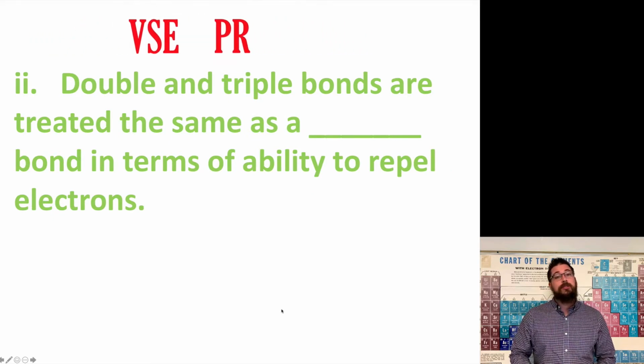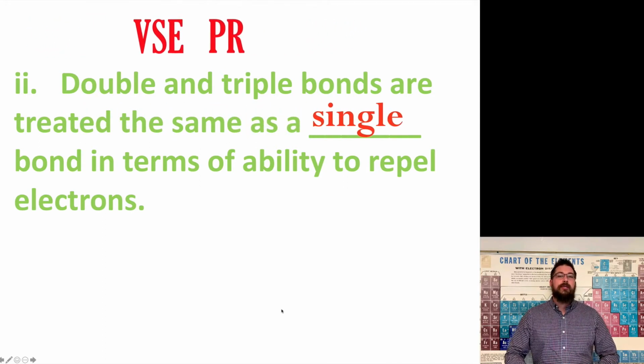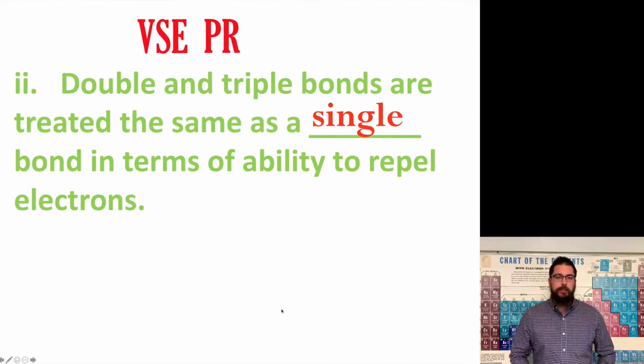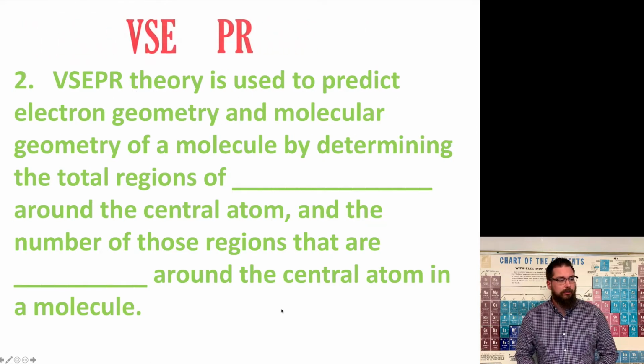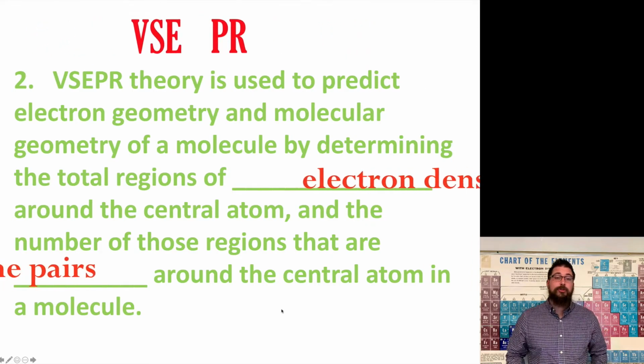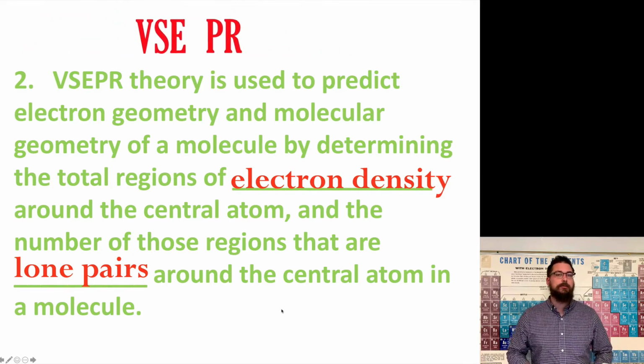Now, when it comes to single bonds, double bonds, and triple bonds, we're going to say that they all repel each other equally. There's no difference in the force of repulsion between a double, triple, or single bond. VSEPR theory is used to predict the electron geometry and the molecular geometry.